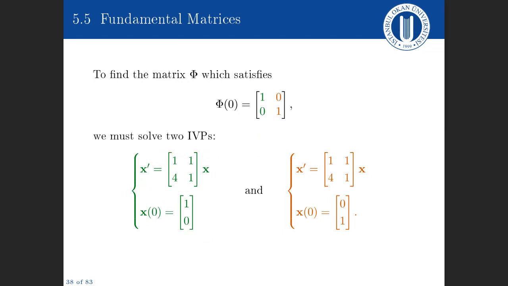The second column of our special fundamental matrix is also going to be a solution to the differential equation. But this time, we want our solution to satisfy the initial condition (0, 1), because we want to get (0, 1) in phi of 0. To answer this problem, we need to solve two initial value problems.